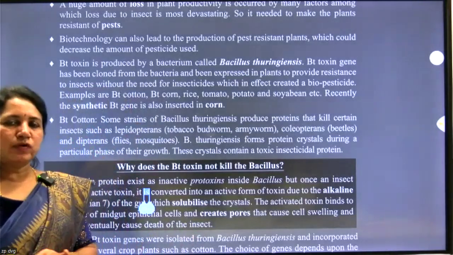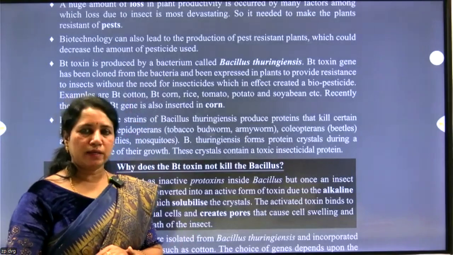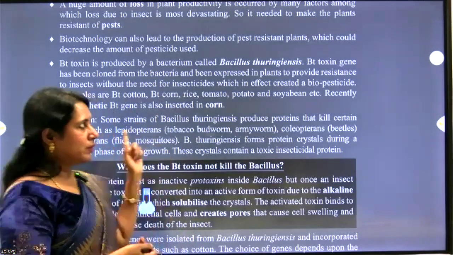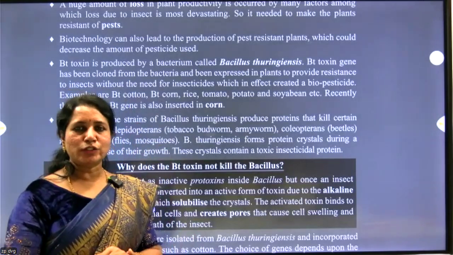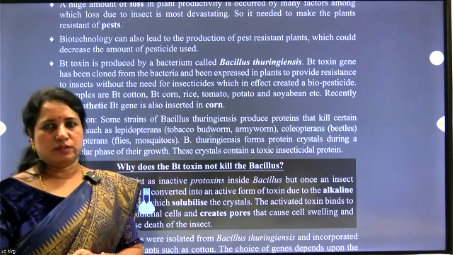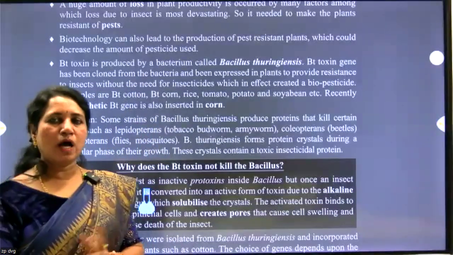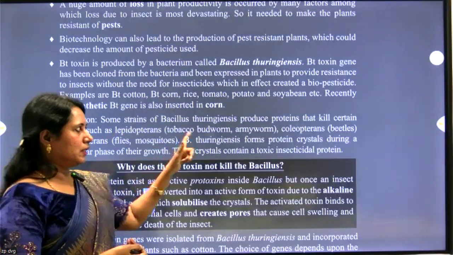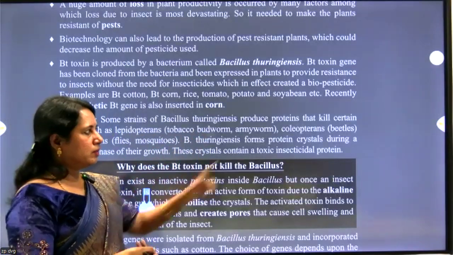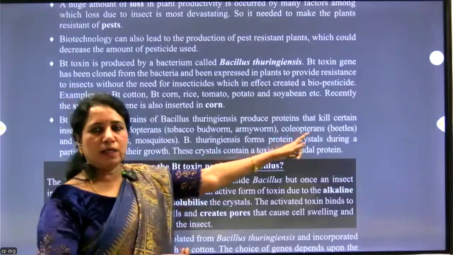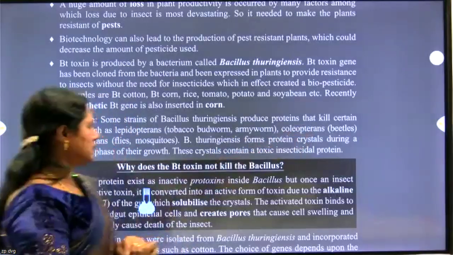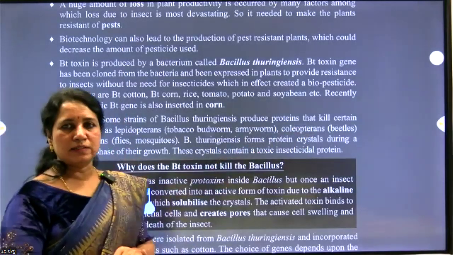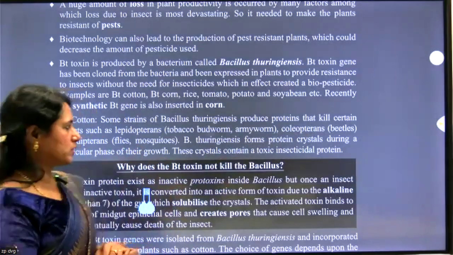Three genes from Bacillus thuringiensis are taken and introduced into the plant cells of these BT crops, and they are made resistant to these pests. Bollworms, budworms, armyworms, there are so many insects. Lepidopterans mainly involve tobacco budworm and armyworms. Coleopterans mainly involve beetles and weevils, and dipterans mainly involve flies and mosquitoes.